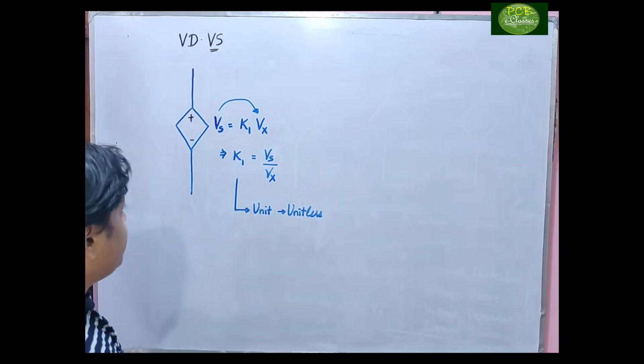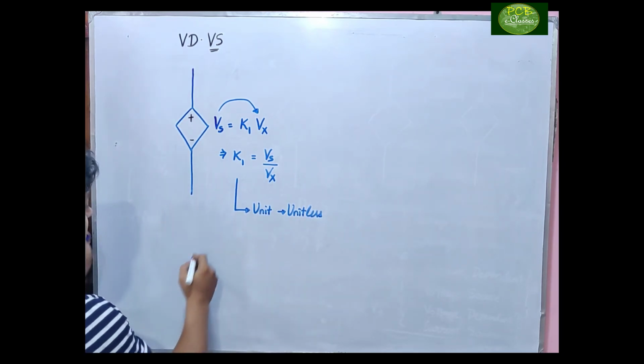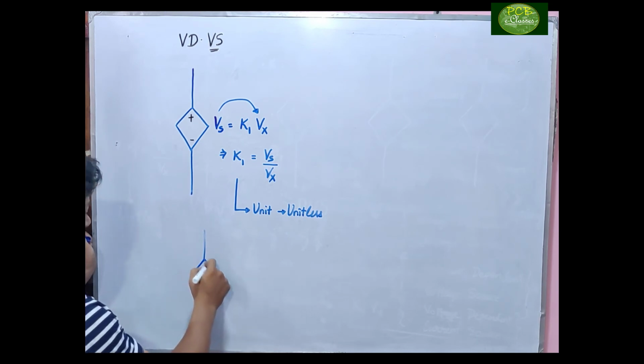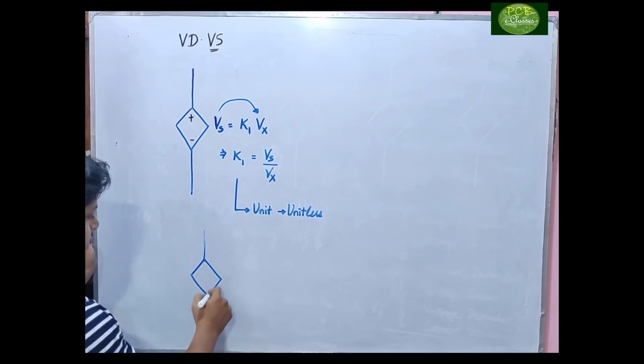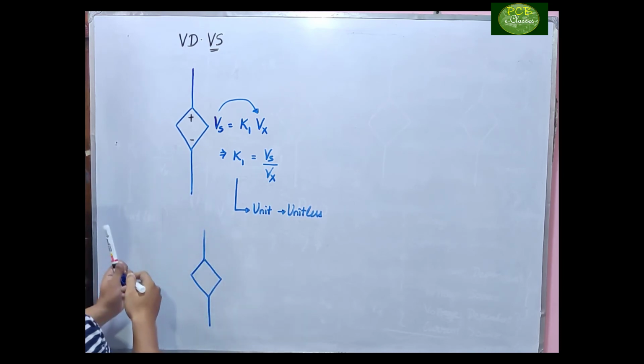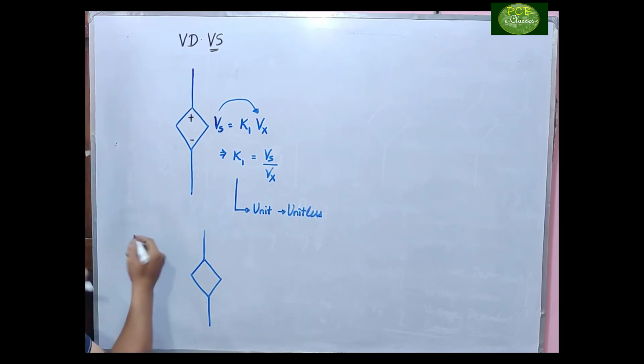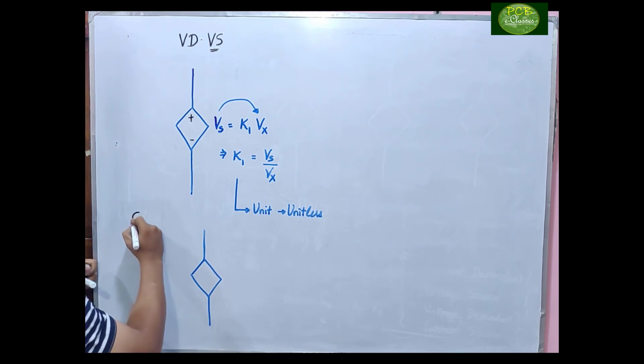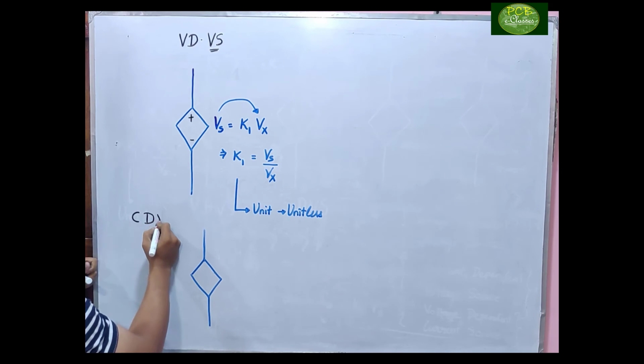Fine. Moving to the second one. What is the second one we have taken? Rhombus only we will take. What is that? Current dependent voltage source.